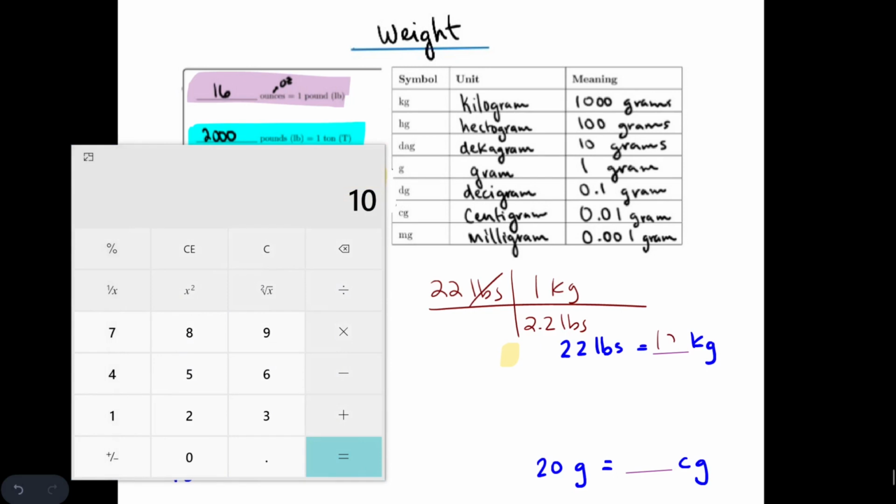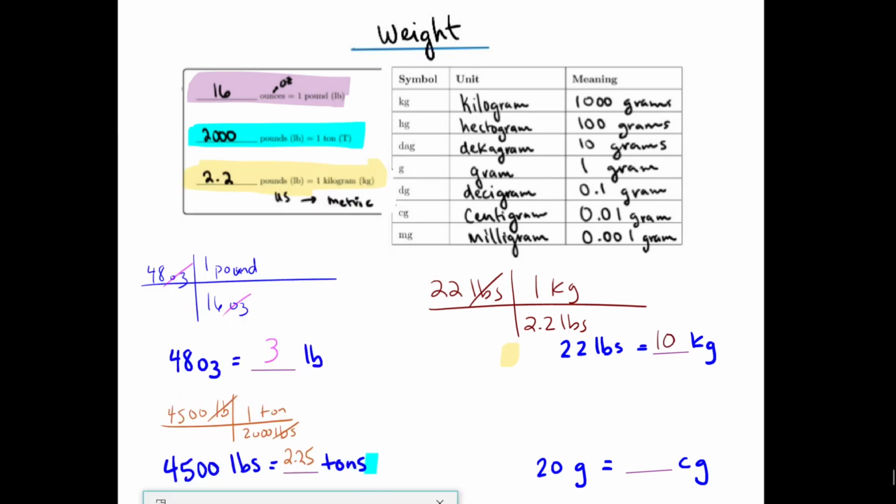Now our last one is just metric system to metric system, grams to centigrams, and we know within the metric system there's a particular pattern of whether you're going up the chart or down the chart. So let's find our two things. If I'm starting at grams, that's here, and then I want to go to centigrams, that's here. So I see I'll actually need to go down the chart twice. Now keep in mind, every time you go down the chart, it's multiplying by a factor of 10.